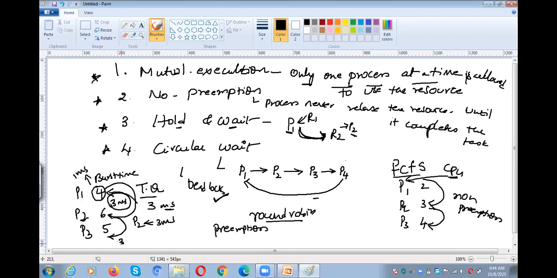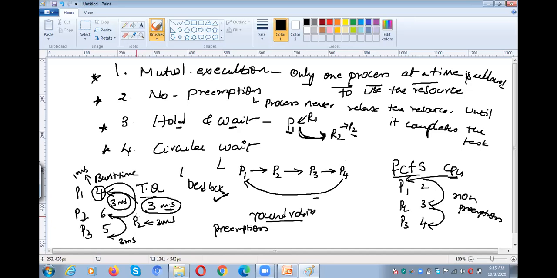Again for P3, we give only 3 milliseconds. That means we take the CPU away from the process after 3 milliseconds, whether the process completes its execution or not.